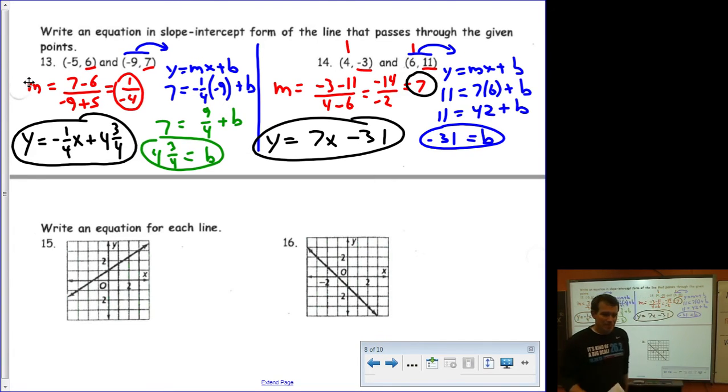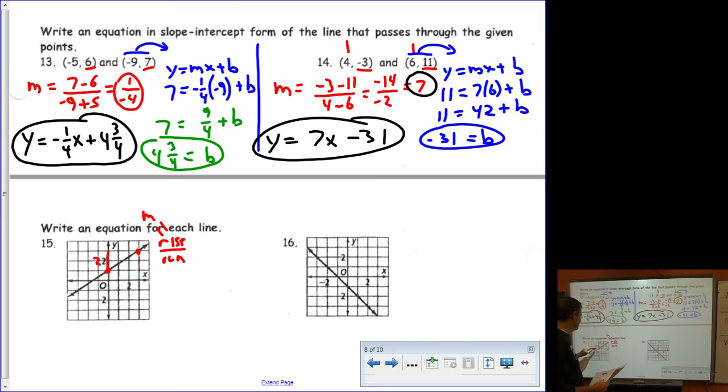Number 15. I need to write an equation for the line. So I need to figure out the slope and the y-intercept, and I can write my equation. The slope I could calculate by using rise over run. All right, slope equals rise over run.